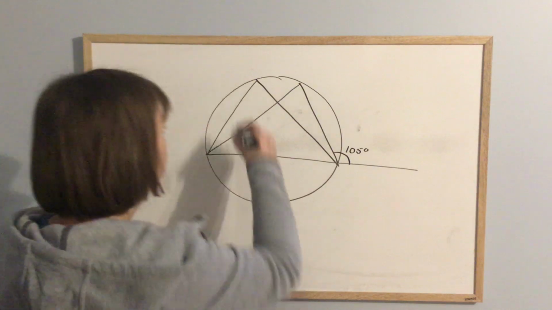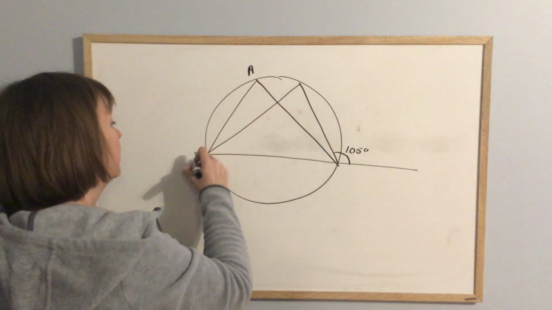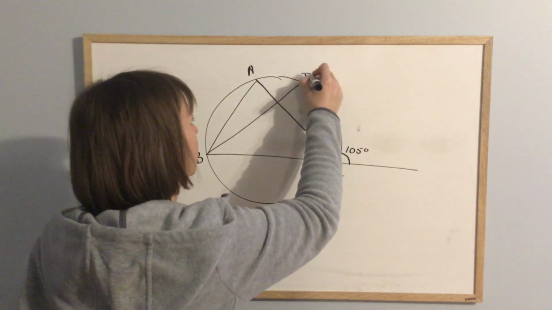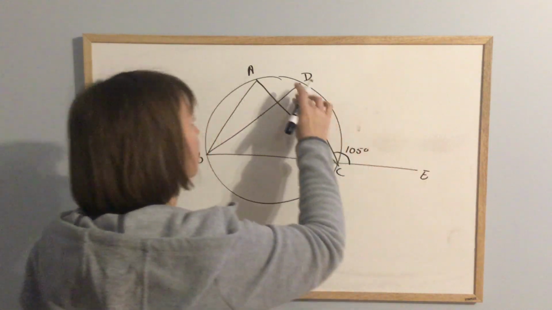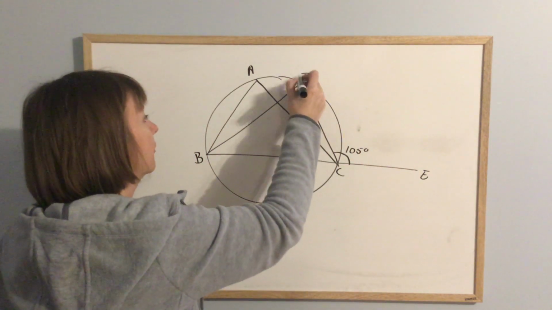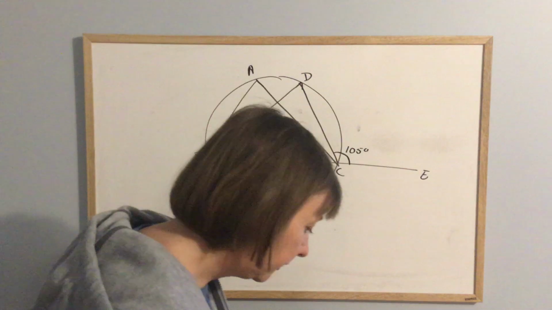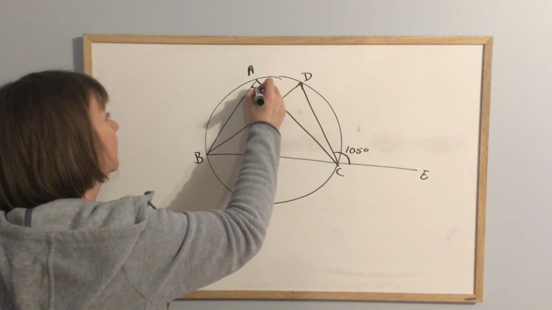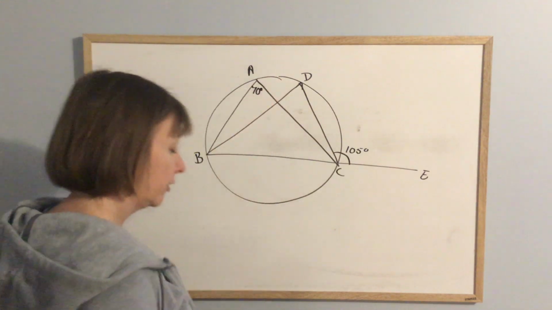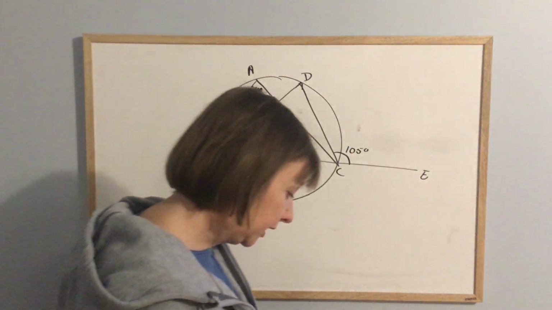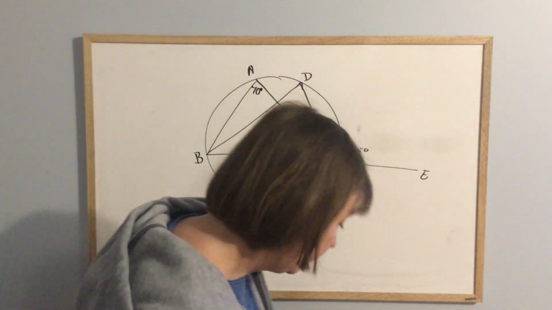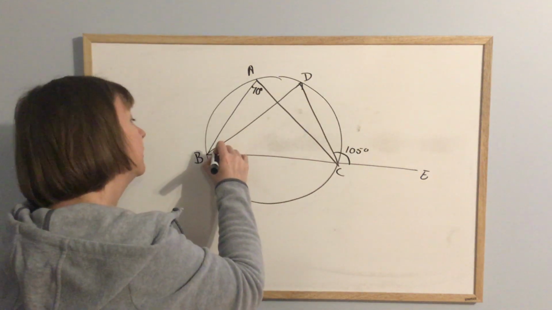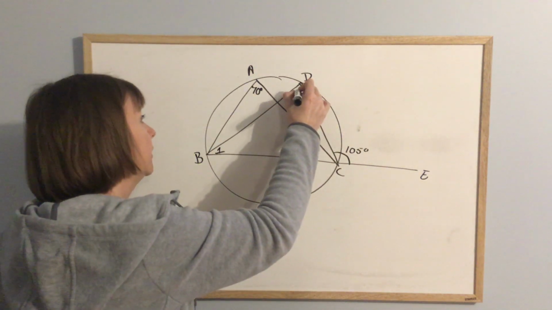And they label this A, B, C, D, and E. Now that should touch the edge of the circle. It's just me. All right. And they also tell us that this angle is 70 degrees. And they put little unknowns in red. They put a little 1 here, and they put a little 2 here.